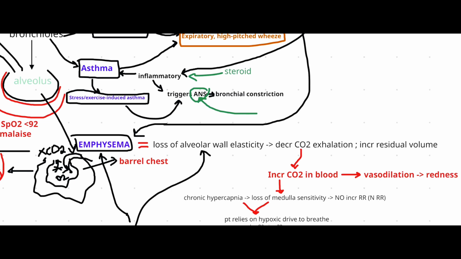What is the main purpose of the beta adrenergic agonist? We already said bronchodilation, right? But because this is a beta adrenergic agonist, then what are our side effects? Tachycardia, what else? Anxiety, very good.